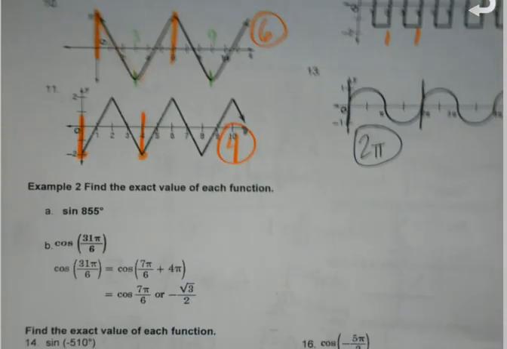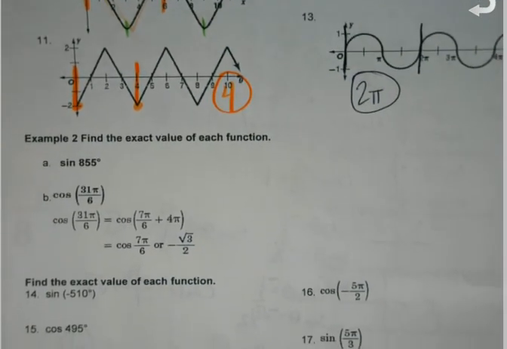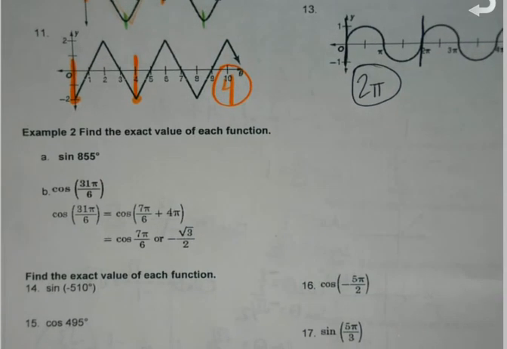So, here's the last thing we're going to kind of take a peek at here. We're going to look for some exact values of our functions. This can get a little more interesting because we don't have 855 degrees on our unit circle. We basically do one rotation around a 360 and then we're stuck. So what am I supposed to do in a case like this?